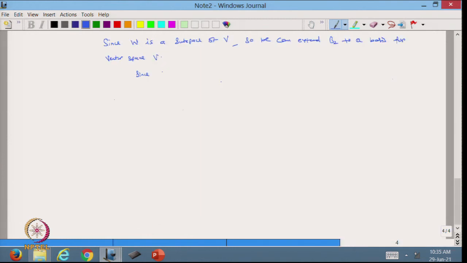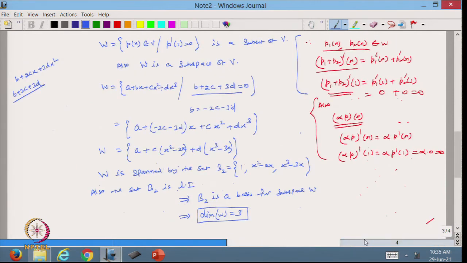So, x does not belong to the span of 1, x square minus 2x and x cube minus 3x.